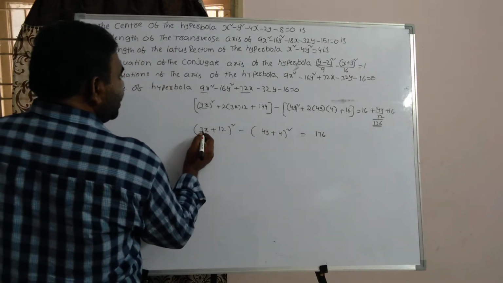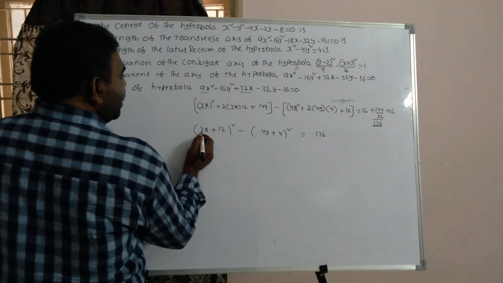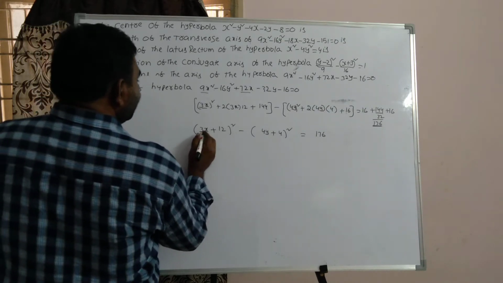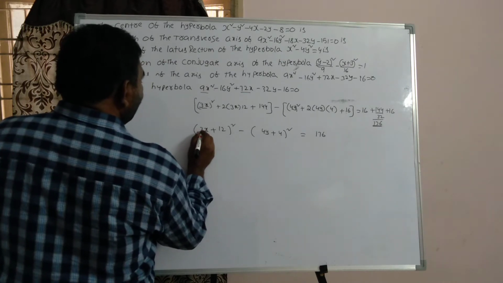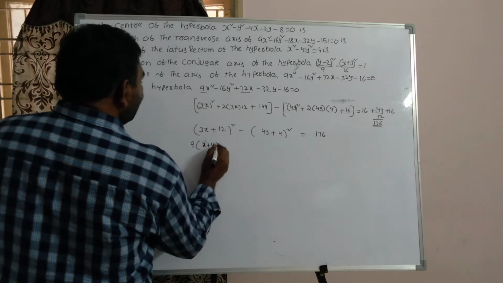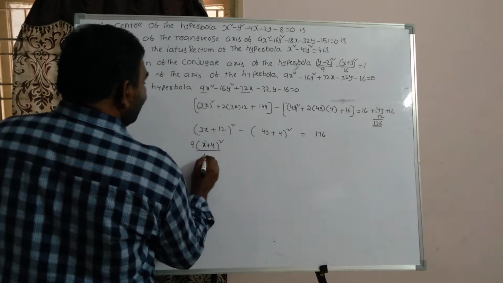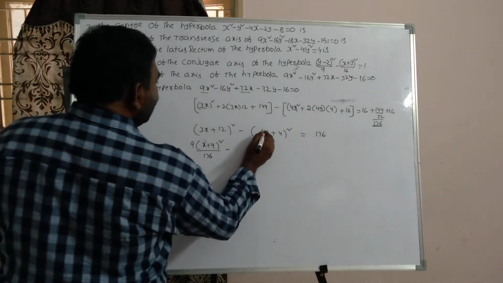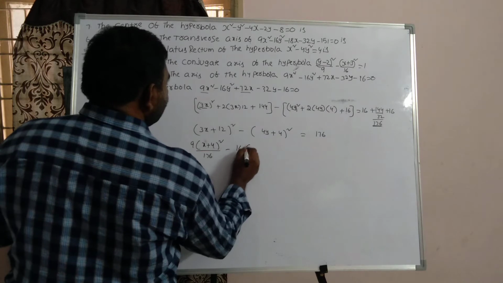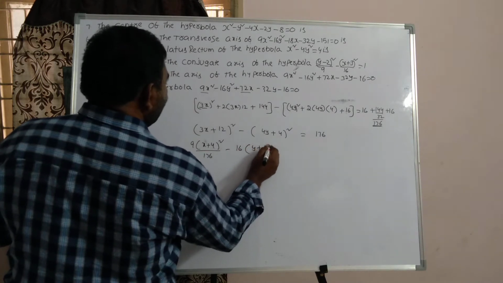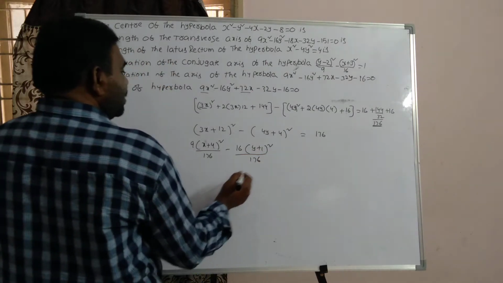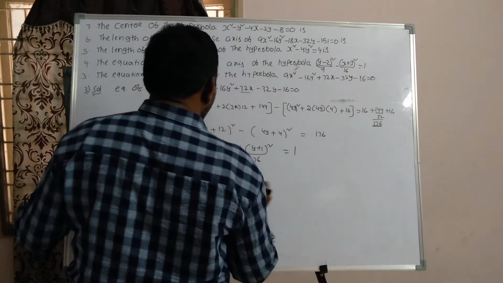Here 3 take common, that means if you take common 3, it becomes 9. So 9 of x plus 4 whole square by 176 minus, here also 4 take common, it becomes 16. 16 of y plus 1 whole square by 176 is equal to 1.